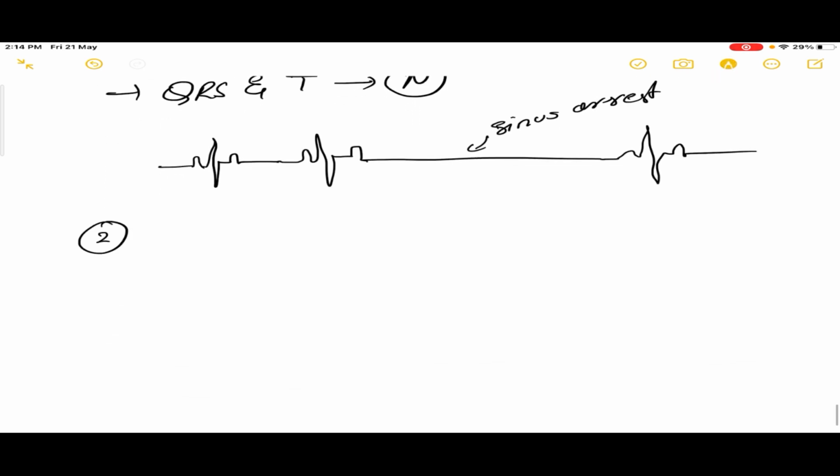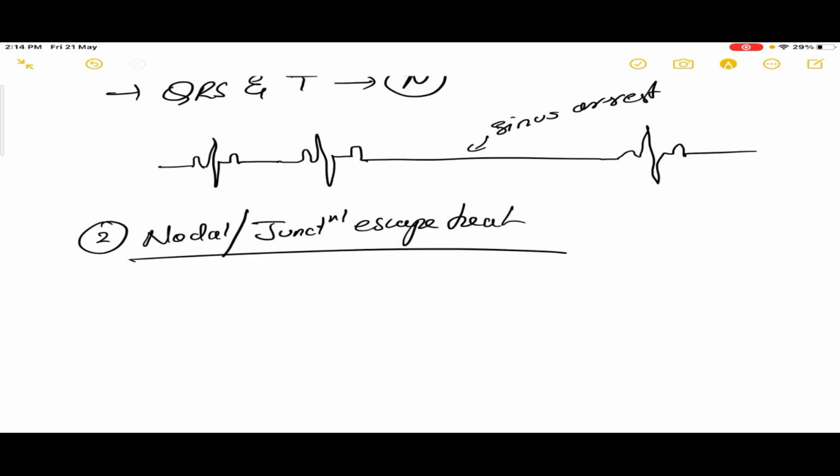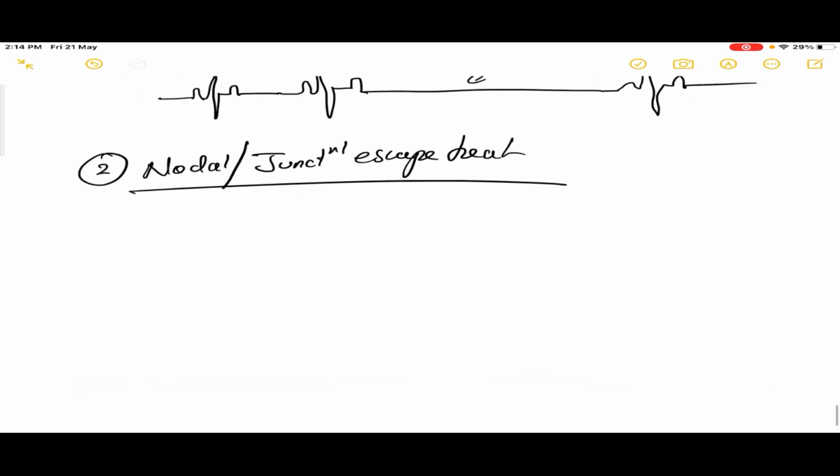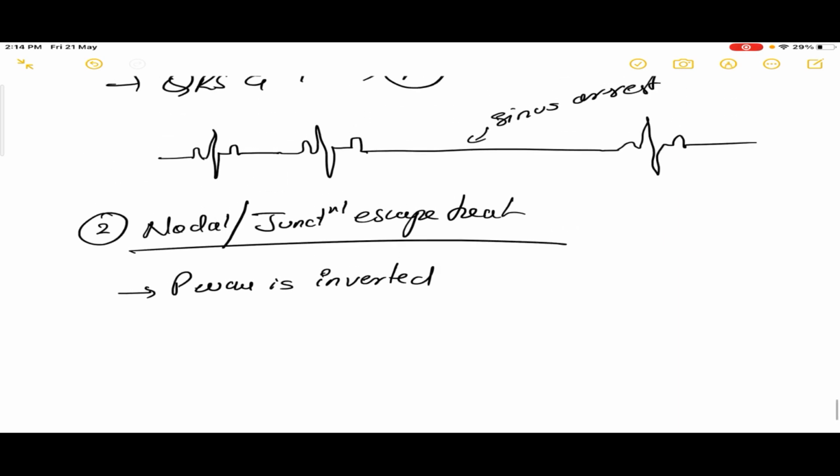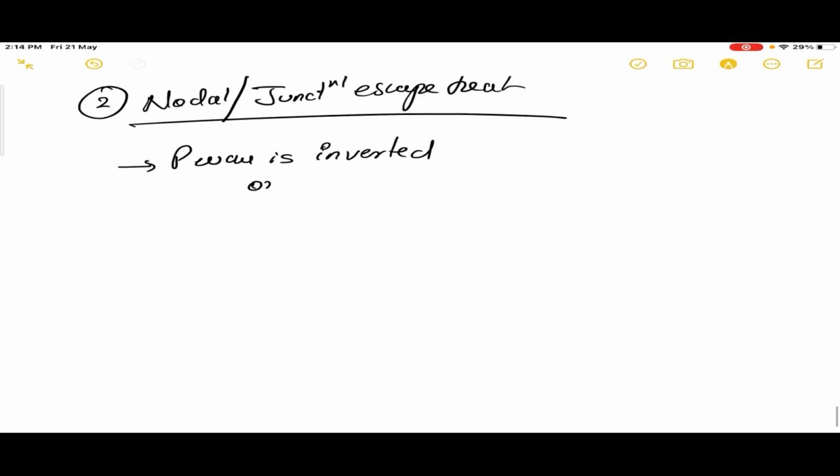Next, coming to nodal or junctional escape beat. In nodal or junctional escape beat, P wave is inverted or P wave is absent.